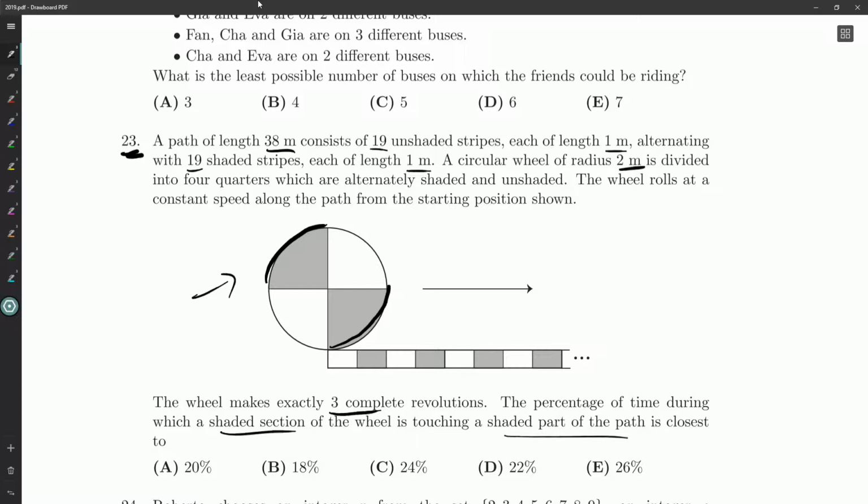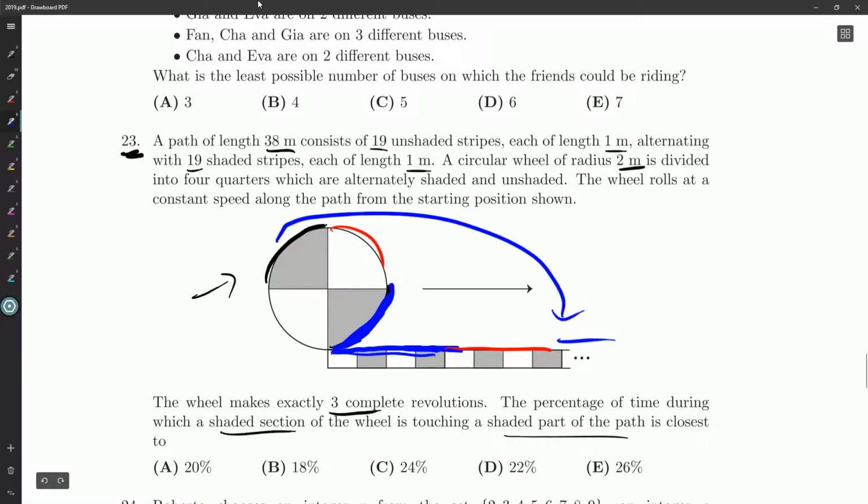So what are we going to do? Well, let's first understand a bit more about this wheel, because certain parts of it, as we roll, imagine it's covered in blue paint. As we roll, it'll slowly transfer the paint down here. So as we roll, the shaded part here will match up with parts of the path, and then we'll get to the unshaded part, and that'll take over after a while, and then we'll be back to shaded once this part has rolled all the way down.